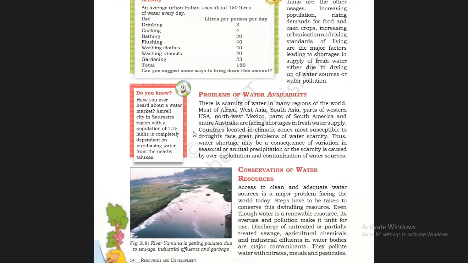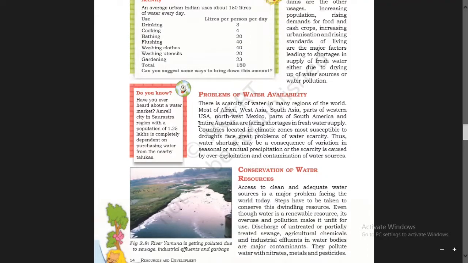It is very interesting, boys, that we have the rainiest place in the world. Earlier Cherrapunji was the rainiest place. Presently Mawsynram, at a distance of 25 kilometers from Cherrapunji, is the rainiest place in the world.